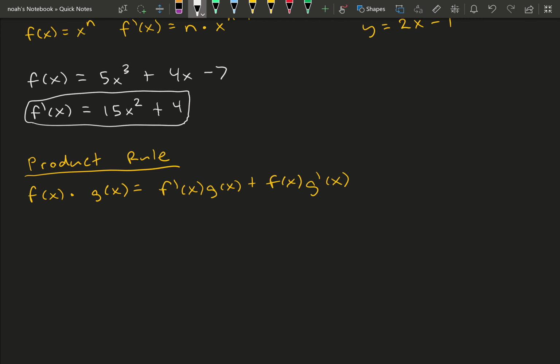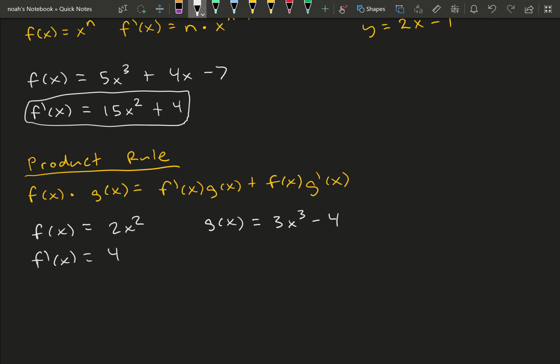So say f of x is equal to 2x squared, and g of x is equal to 3x cubed minus 4. Well, then, the derivative of f of x times g of x would be, so let's calculate the derivatives first.